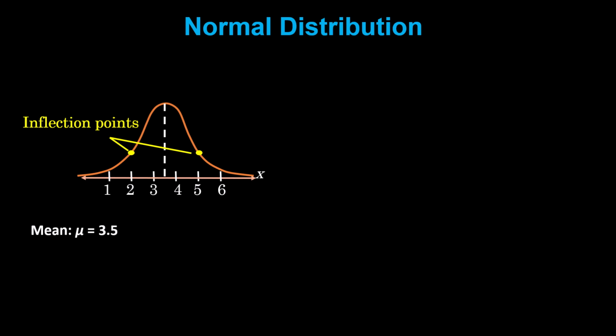Yes, what are the inflection points here? They are 2 and 5. Then how do we find the sigma? You can get sigma as 5 minus 3.5, that is 1.5. Also you can consider the other inflection point too. Then 3.5 minus 2 is also 1.5.